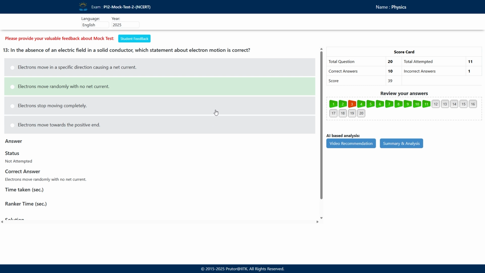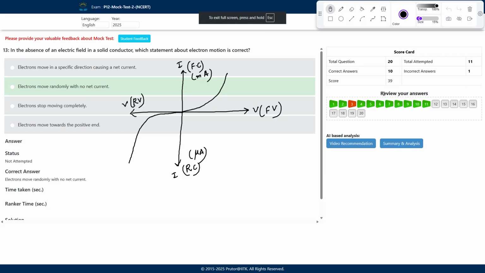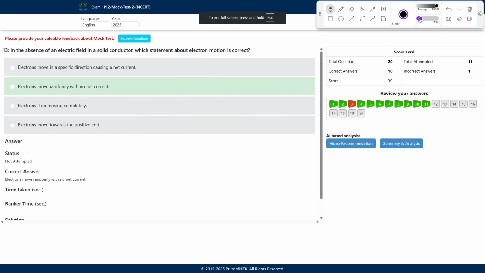Now in the absence of electric field in the solid conductor, which statement about electron motion is correct? Electron move in a specific direction causing a net current. Electron move randomly with no current.